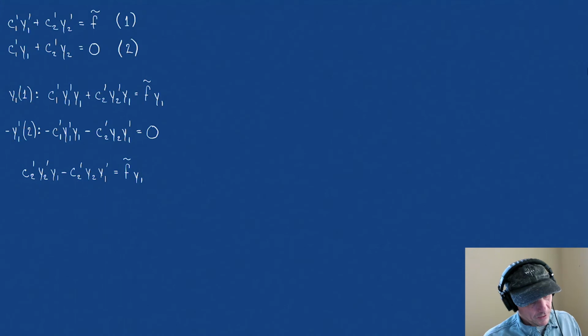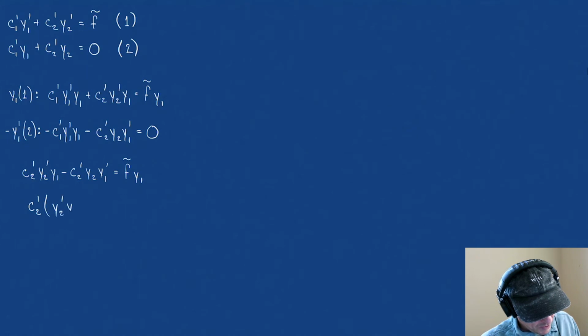Let's factor out a C2 prime. That's going to give me y2 prime y1 minus y2 y1 prime equals f tilde y1. So I can say that C2 prime is equal to f tilde times y1 divided by, oops, that looks kind of squished here.